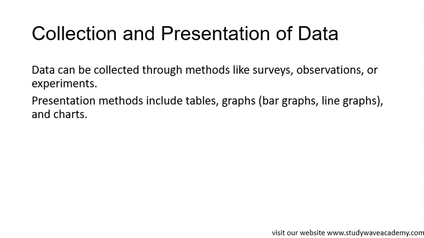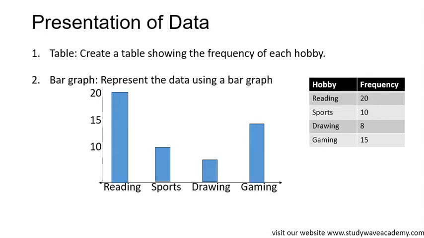Now let's look at an example. This is a table. We created a table that shows the frequency of each hobby. Let's say you went for data collection and you used the survey method, which is creating a set of questions asking your fellow students about their favorite hobbies, okay?